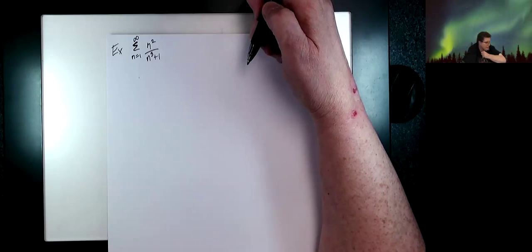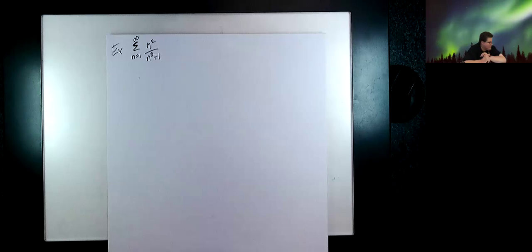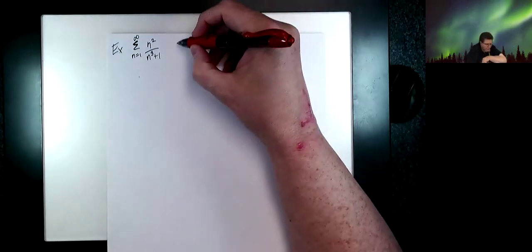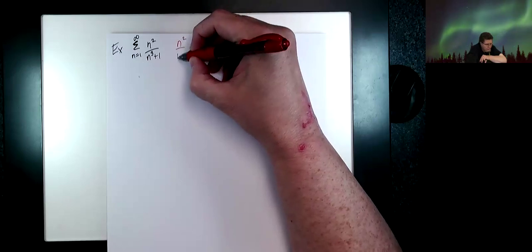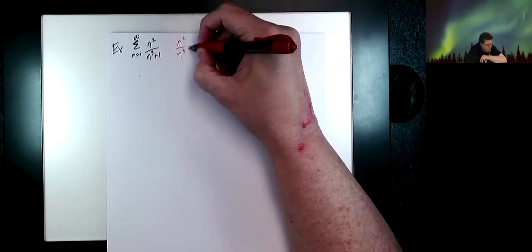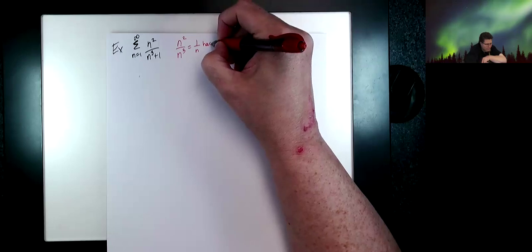Sometimes looking at the largest terms on top and bottom and using those as what you compare to will help. But let's see. How does this compare maybe to n squared over n cubed, which would be 1 over n, harmonic, and we can deal with that. We know that one.